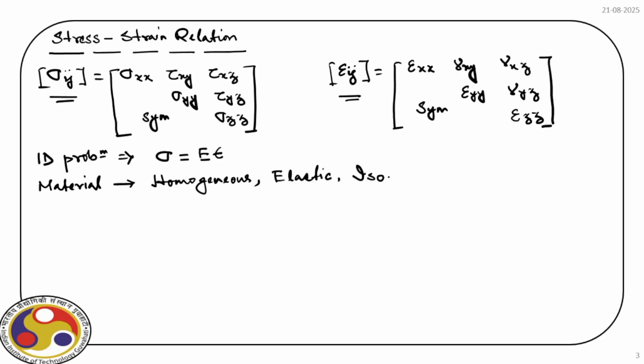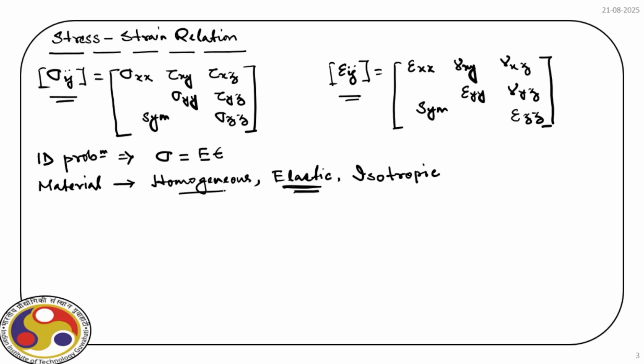So it is isotropic. Now, what we mean by elasticity, it is very easy: if we apply some external force, the material is going to deform, and when we remove the load, it comes back to its original position, right? So that is relatively easy.